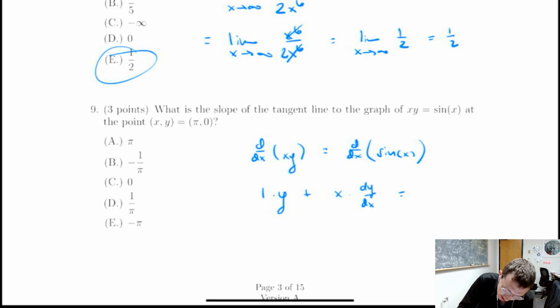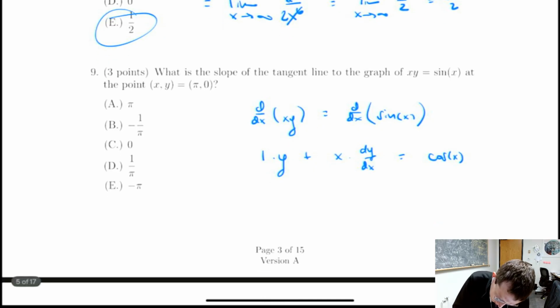That just gives me dy dx. If they asked us for a formula for dy dx, we would solve this by bringing the y over to the right side and dividing by x. But since they gave us a specific point, I don't actually even need to do that.